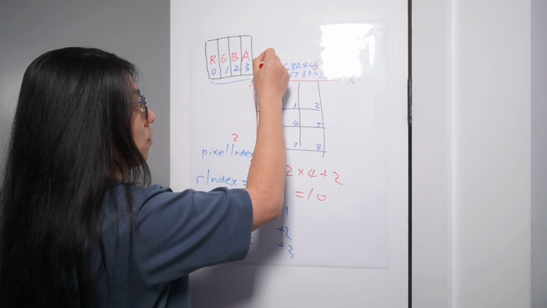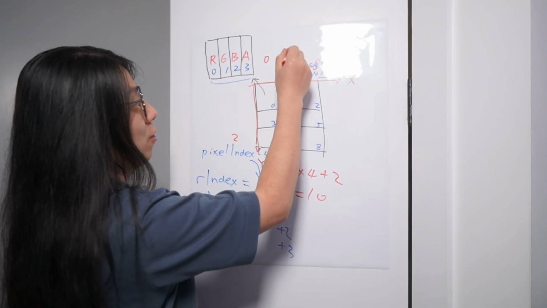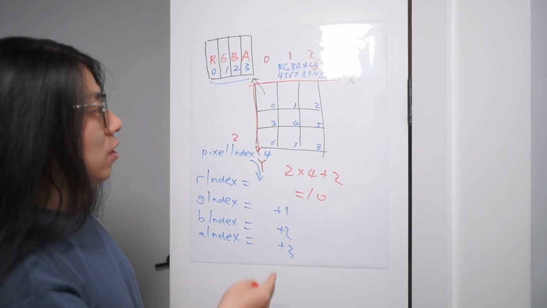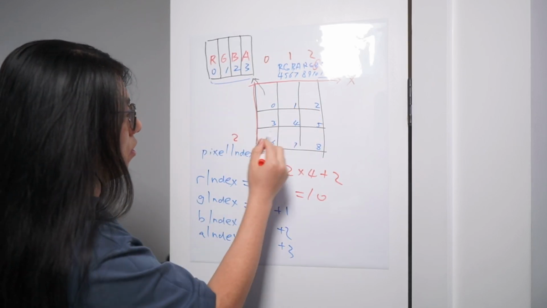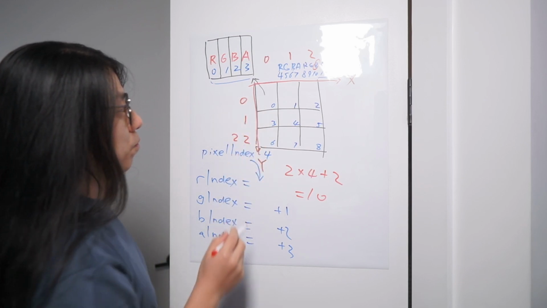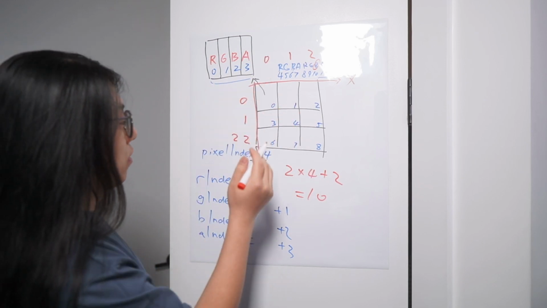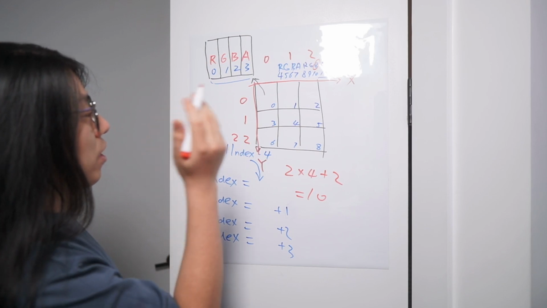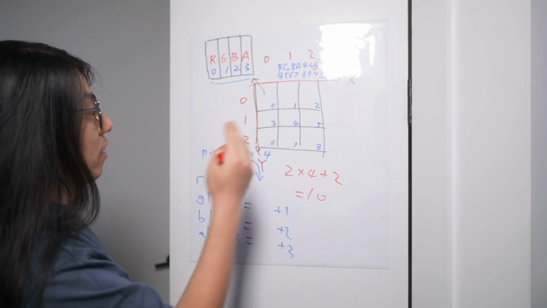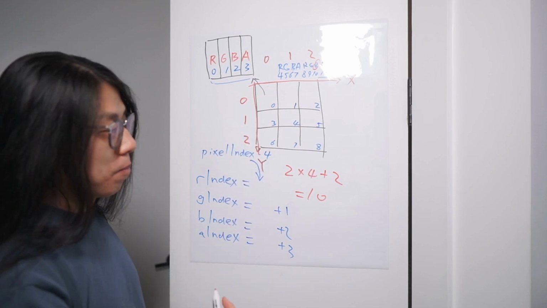So this is pixel 0, this is x0, x1, x2, horizontally. Vertically, this is 0, this is 1, this is 2. So based on x and y, how do you get the index number?